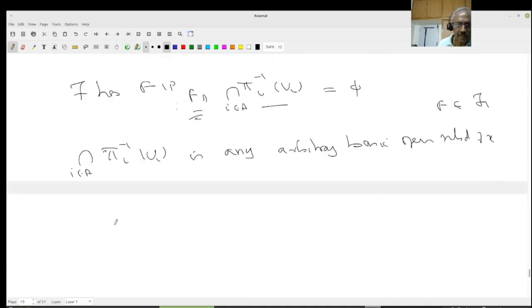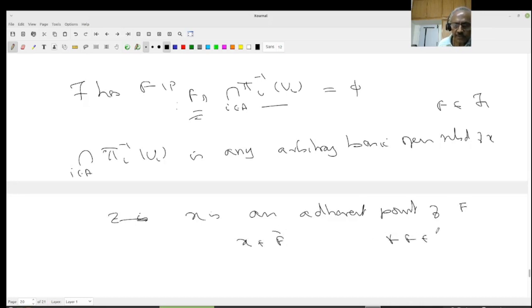Therefore, what does it mean? x is an adherent point of F, that is, x belongs to F closure.